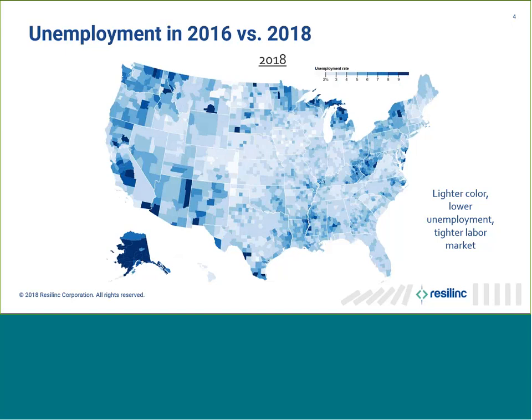So a lot of labor markets tightening up, a lot of jobs and opportunities out there for people to take advantage of, and you can even see some bright white counties in Colorado and in Montana where there's almost 100% employment. And so understanding how your supply chain is exposed to these tight labor markets, and when forecasts change or when new product lines are introduced, and how your suppliers are going to deal with the labor needs to produce your products is going to be really important in the months to come.